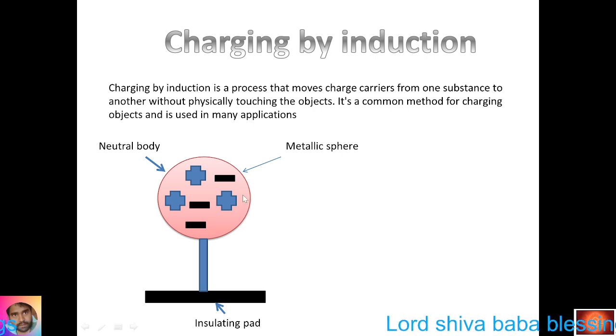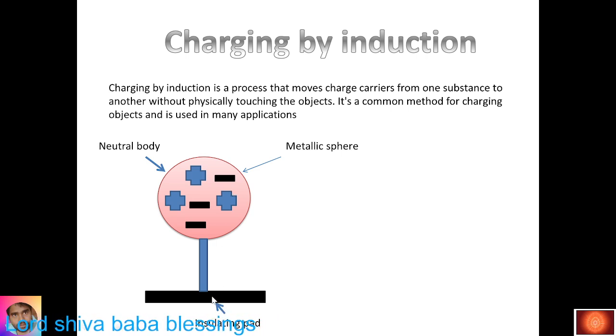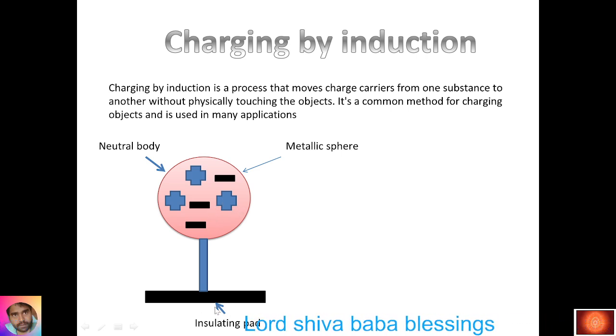Here is a metallic sphere placed on an insulating stand. The insulating pad ensures that no electrons pass from the metallic sphere to the ground. That's the purpose of using the insulating pad.